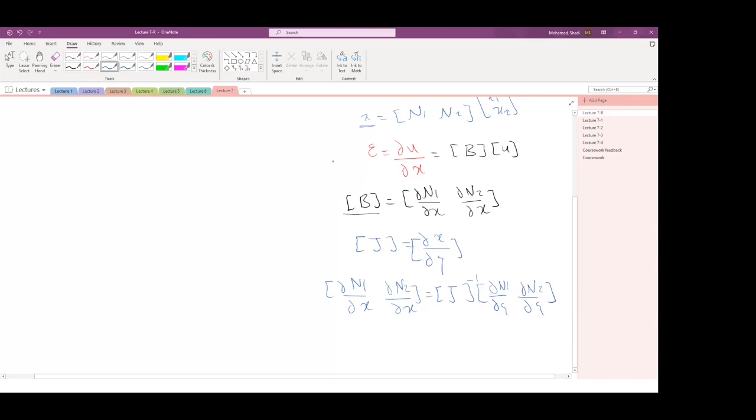So this is also new. And once we have the Jacobian, we have the B matrix. And once we have that, we can do the stiffness matrix.